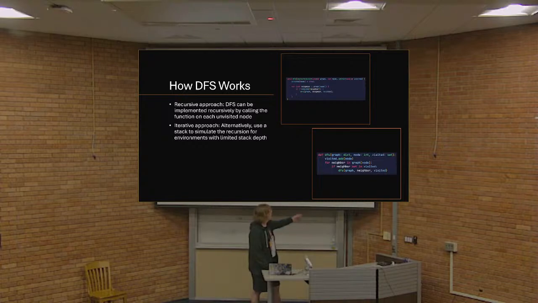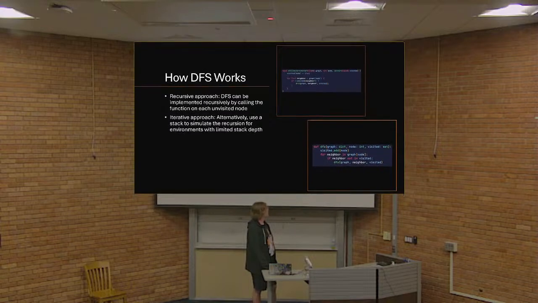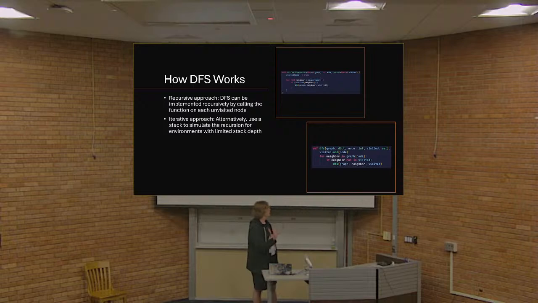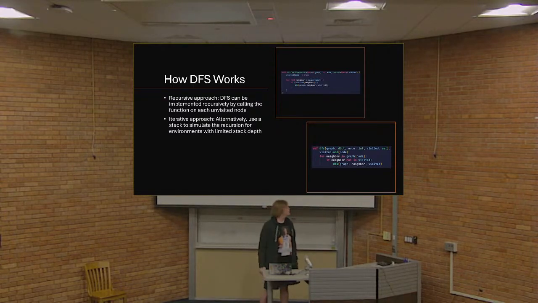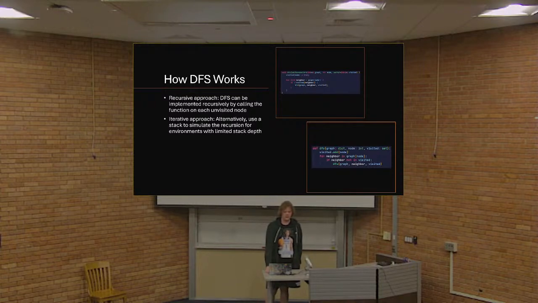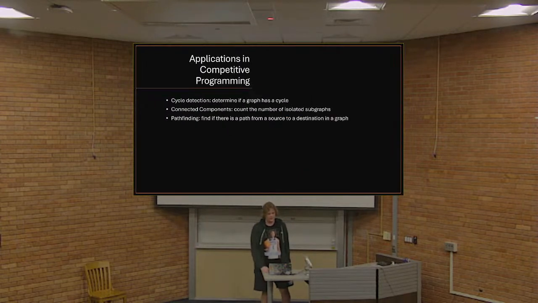In my Python program here, I define a set of visited nodes, which are the nodes that I've visited already. Then for all of the neighbors of my current node, if the neighbor is not already in visited, I'm going to search along that path. Pretty simple algorithm. It's only 5 lines here. It's really helpful for a lot of stuff though.